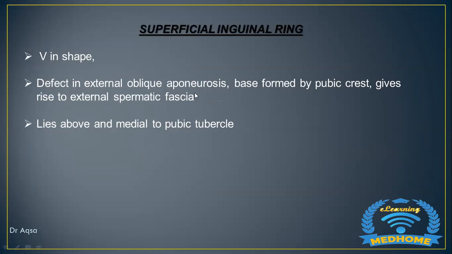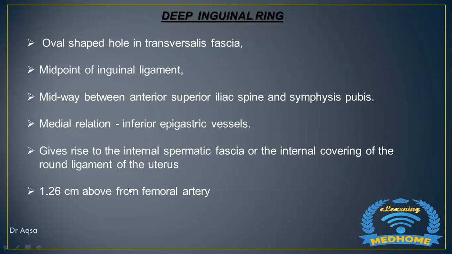But the superficial inguinal ring is only giving rise to the external spermatic fascia. That means it has a more important role in males, and it lies above and medial to the pubic tubercle, while the deep inguinal ring is above the femoral artery. This is the main point.